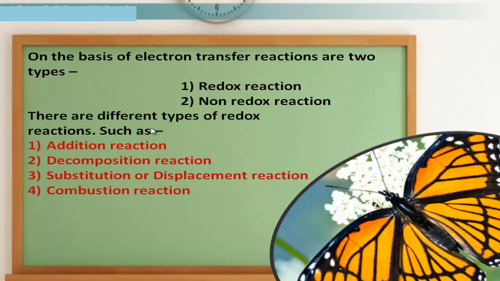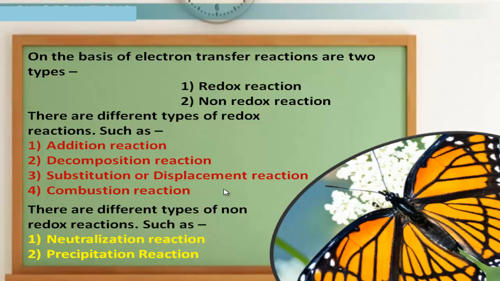But there are also some different types of redox reactions. That means there are different types of reactions, but in all of them electrons are transferred. That means in all these reactions oxidation and reduction occur. For this they are included in the type of redox reaction, such as addition reaction, decomposition reaction, substitution or displacement reaction and combustion reaction, and others. And there are also some non-redox reactions.